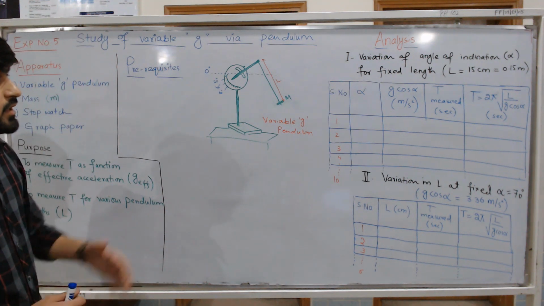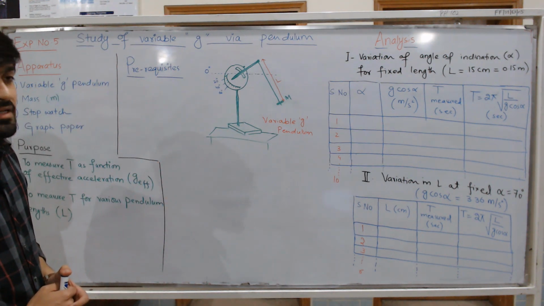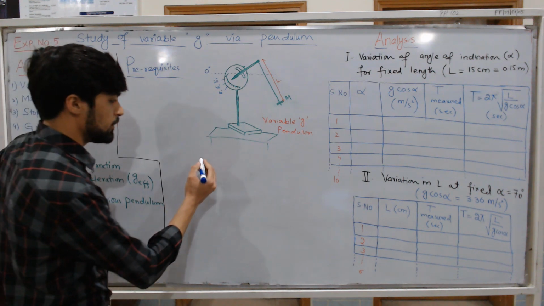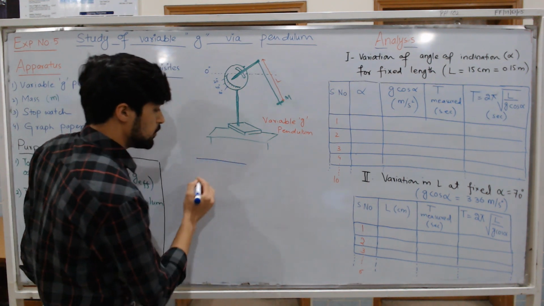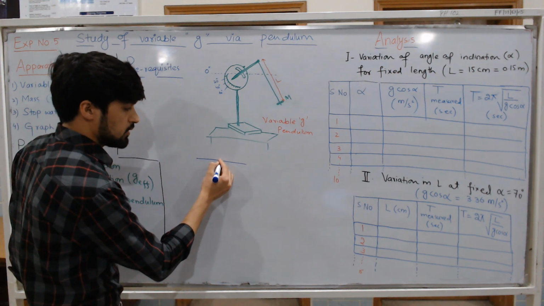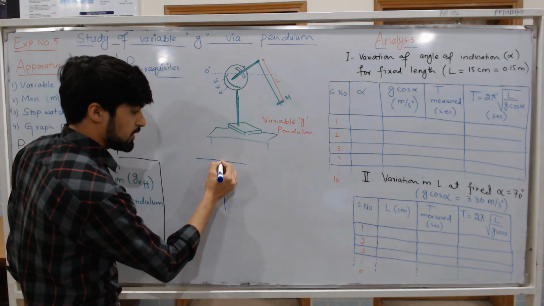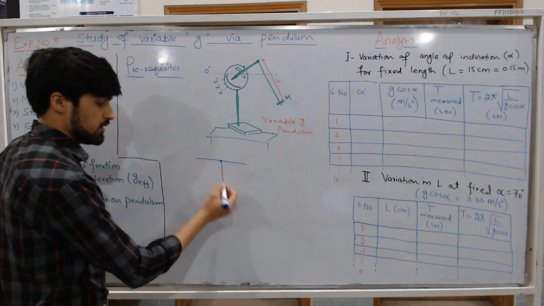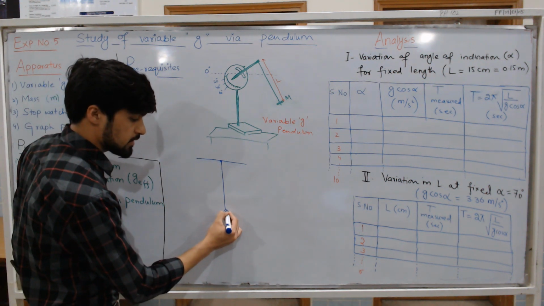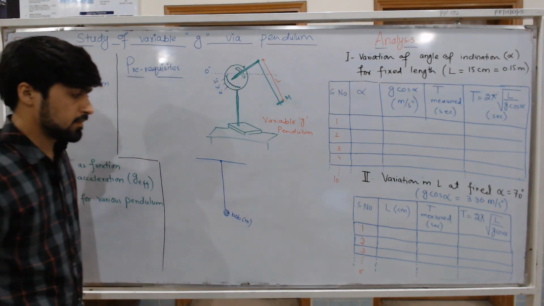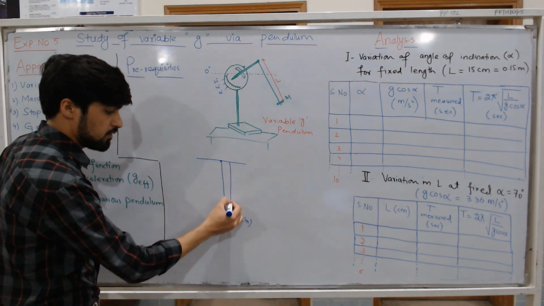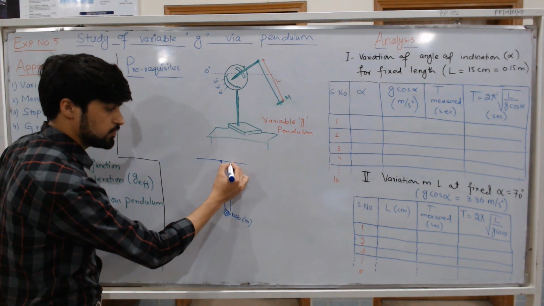Let's move towards our variable g pendulum. We know that a pendulum consists of a string attached to a fixed support, and at the other end we have a mass or a bob of mass m. The length of the pendulum is measured from the center of mass of the bob to the fixed end.